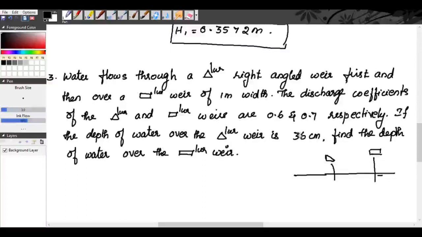So length of the weir is 1 meter. The coefficient of discharge for the triangular and rectangular weirs are, for triangular weir coefficient of discharge is 0.6. For rectangular weir coefficient of discharge is 0.7. If the depth of water over the triangular weir is 36, H is equal to 36, find the depth of water over the rectangular weir, you take it as H1.